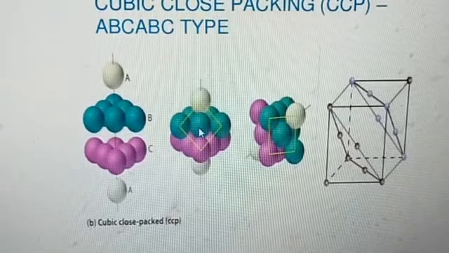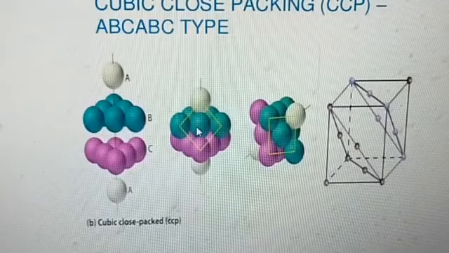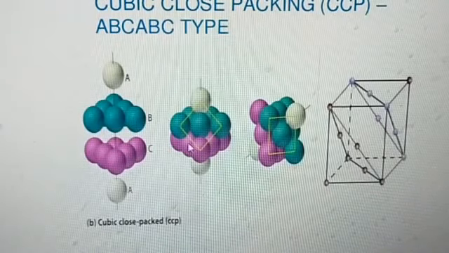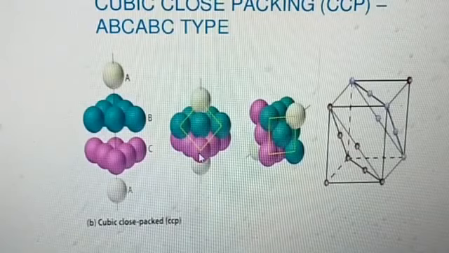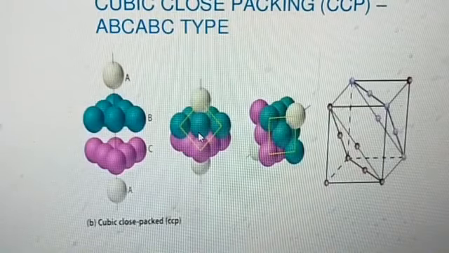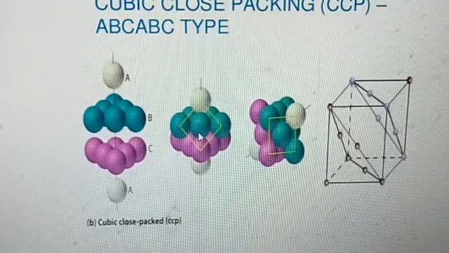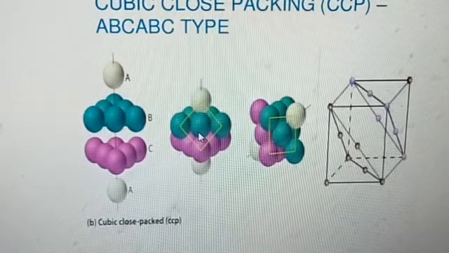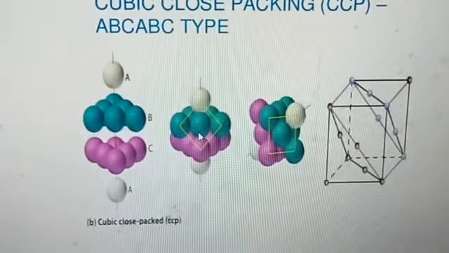Now see this. It is in contact with 1, 2, 3, 4, 5, 6 in the same layer, no? Three above and three below. So in total each sphere is in contact with 12 spheres. So we can say the coordination number, whether in the AB type or the ABC type of arrangement, is 12.